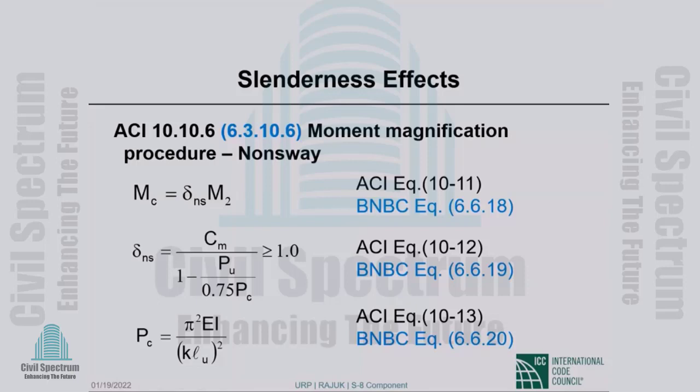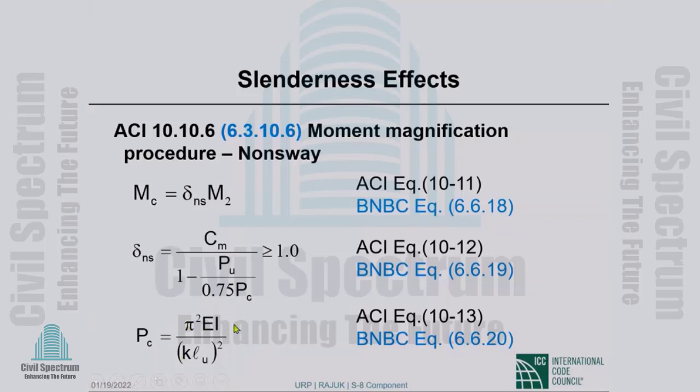The non-sway magnifier is C sub M divided by 1 minus P sub U, the factored axial load on the column, divided by 0.75 P sub C, the critical load of the column. Critical load in Euler buckling, so the P sub C expression for that is pi squared EI over (K L sub U) squared.